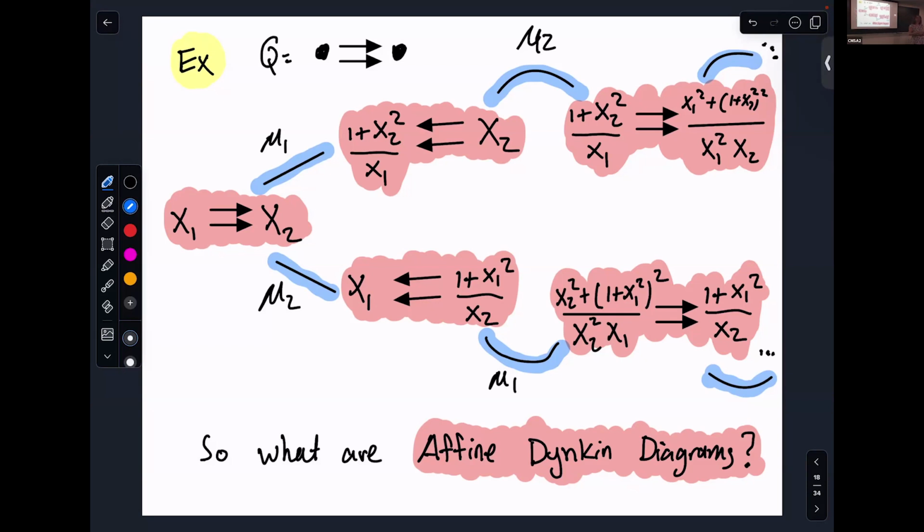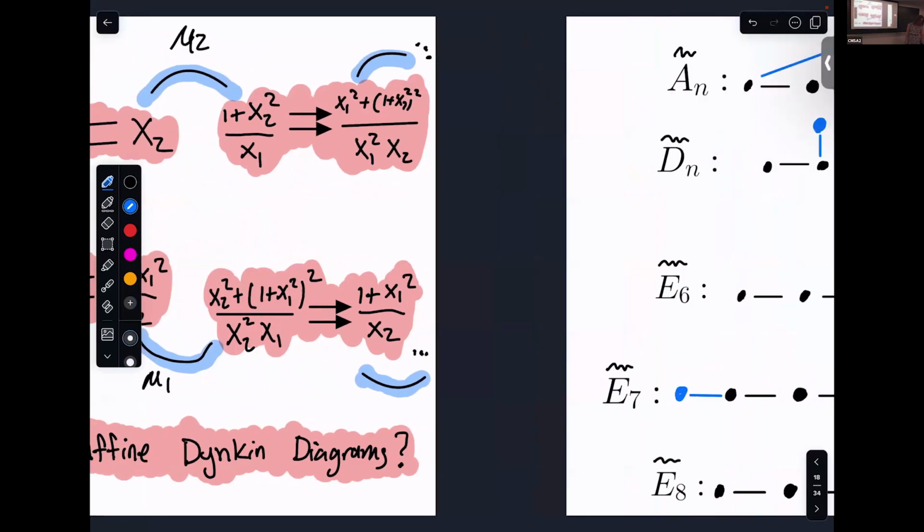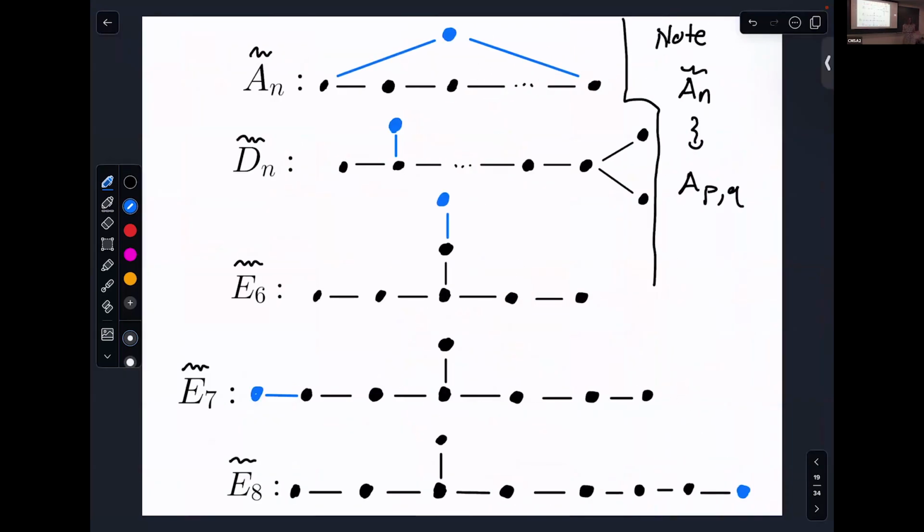So the affine cluster algebras should be classified by affine Dynkin diagrams. What are affine Dynkin diagrams? So these are Dynkin diagrams that are obtained from the ADE Dynkin diagrams by adding one more node in a special place. And so I've shown you where the special place is for each class. One way I really like to think about the finite Dynkin diagrams is that they're exactly the graphs that don't contain any of these graphs.